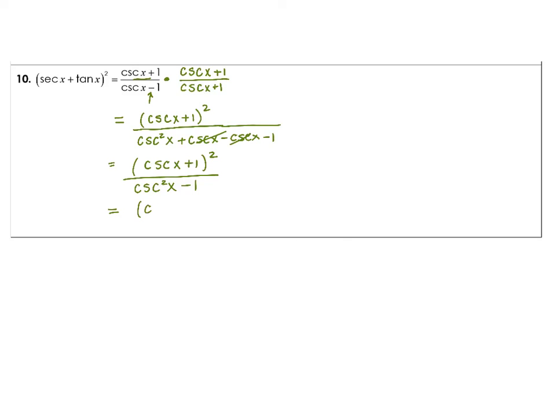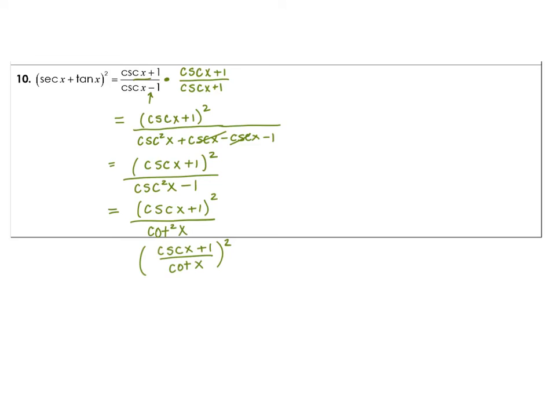So again, we have cosecant x plus 1 all squared over cotangent squared x. And this is where we can decompose this, so we don't have to do a whole lot of multiplying out. We can say this is the same thing as cosecant x plus 1 over cotangent x all squared.